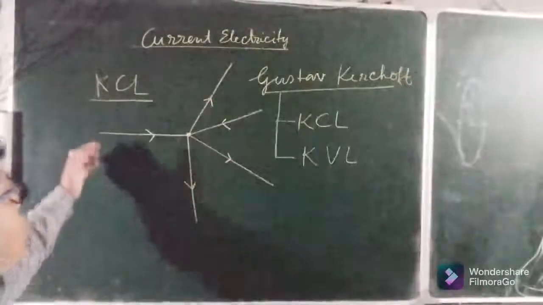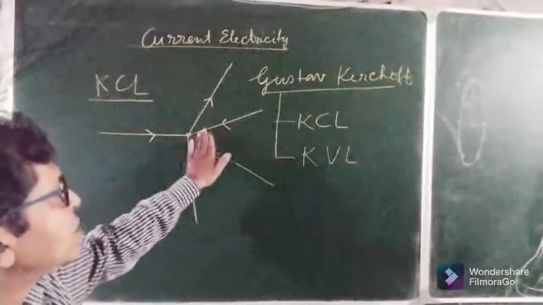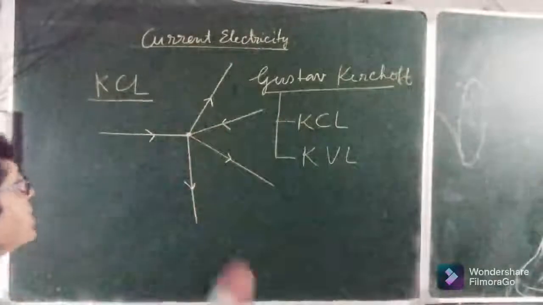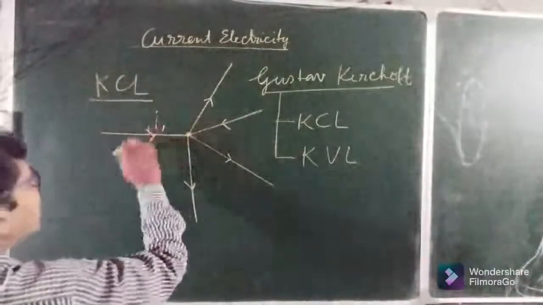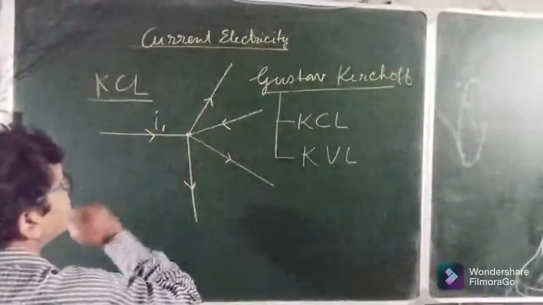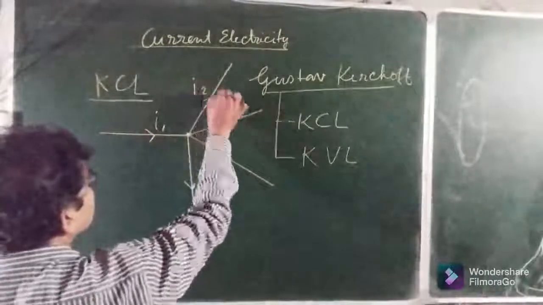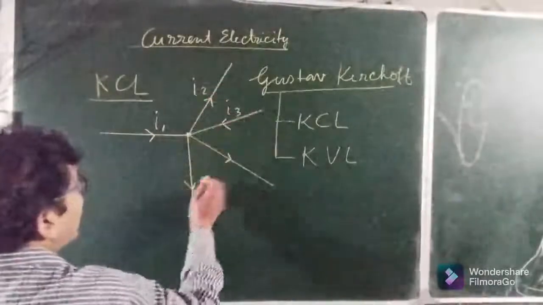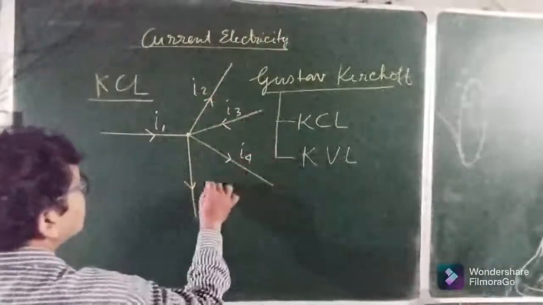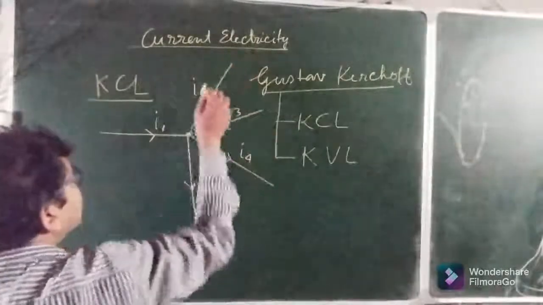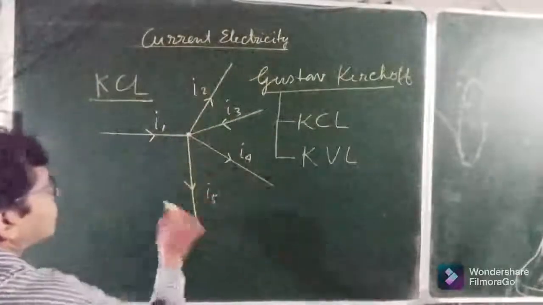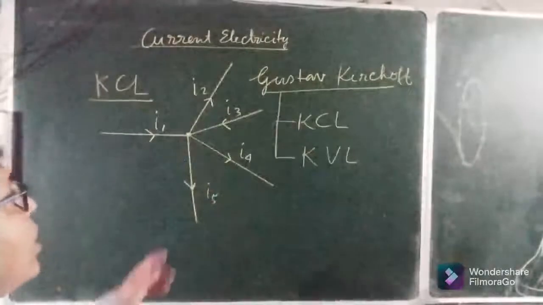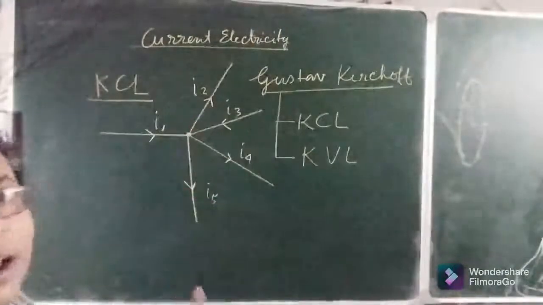Suppose there are two lines through which two currents get in to the junction, and there are three lines through which three currents get out.